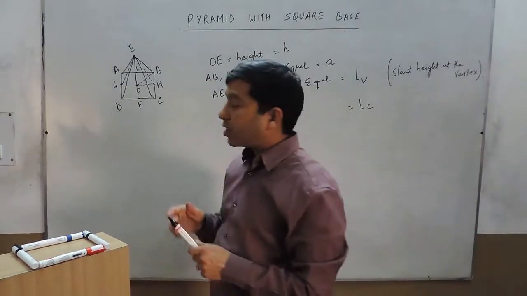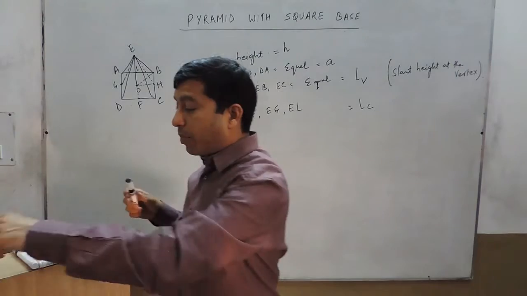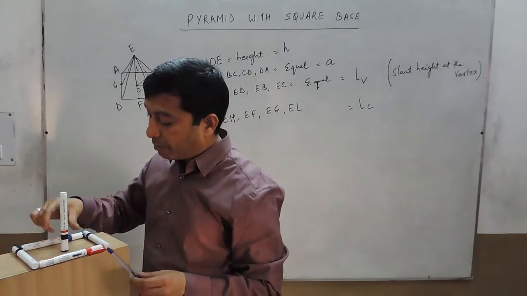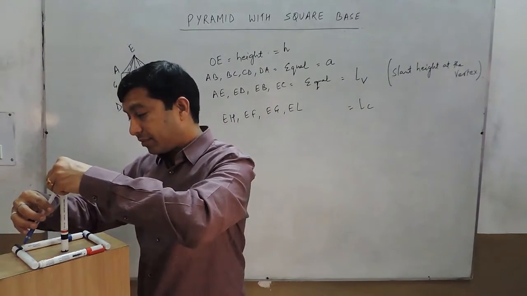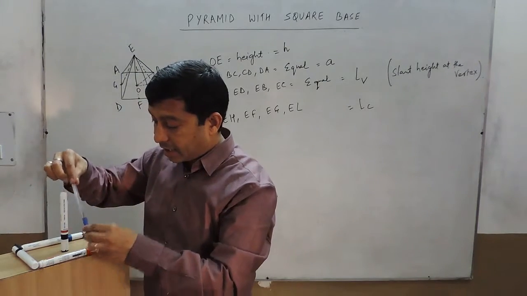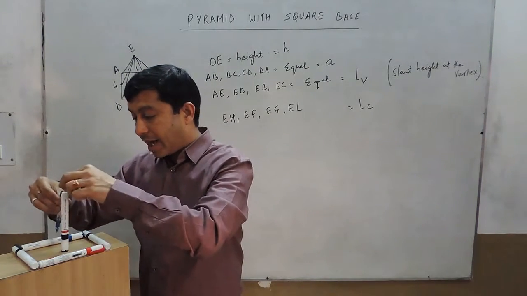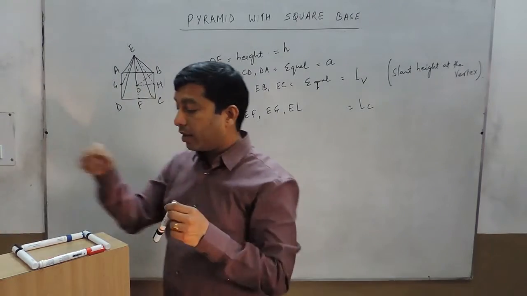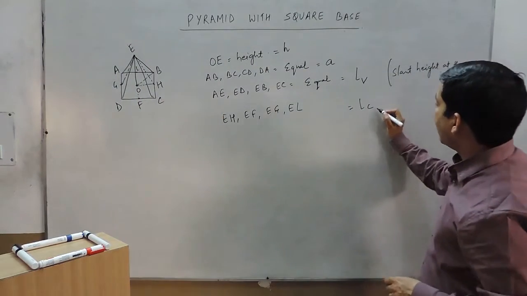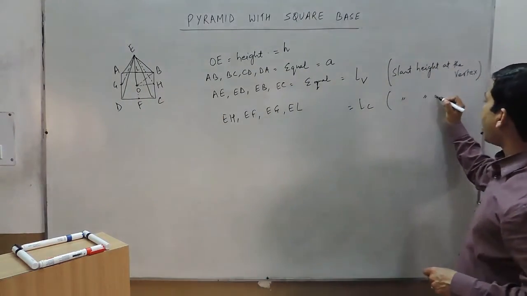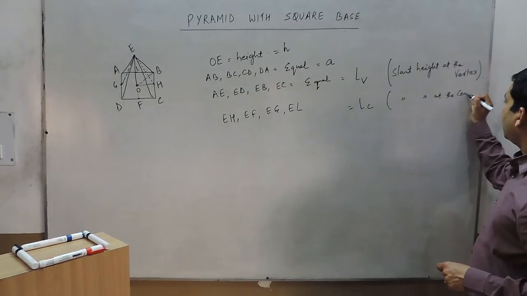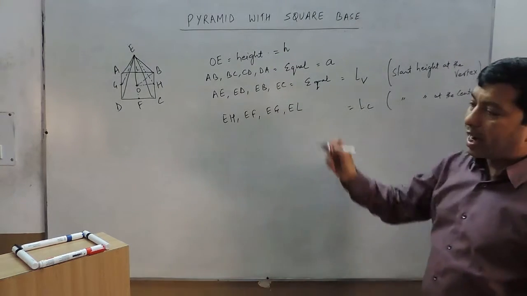In this figure it does not look like they are equal, but in a practical figure, the lengths at each center are all equal. This is known as LC, the slant height at the center of the side of the base.